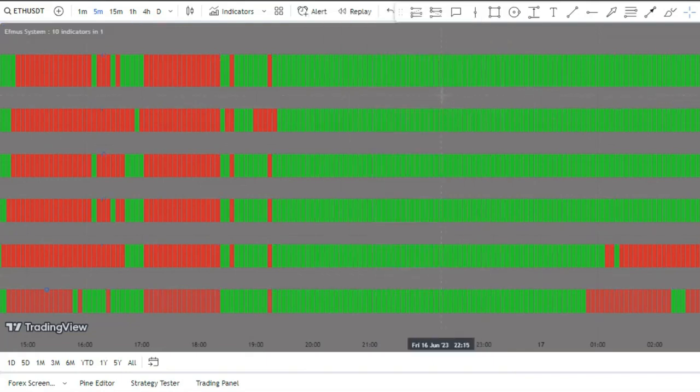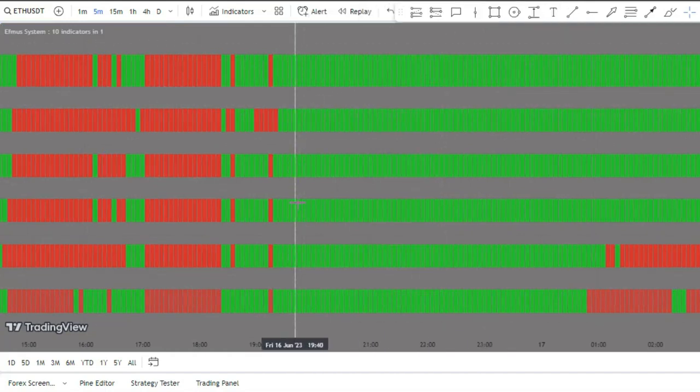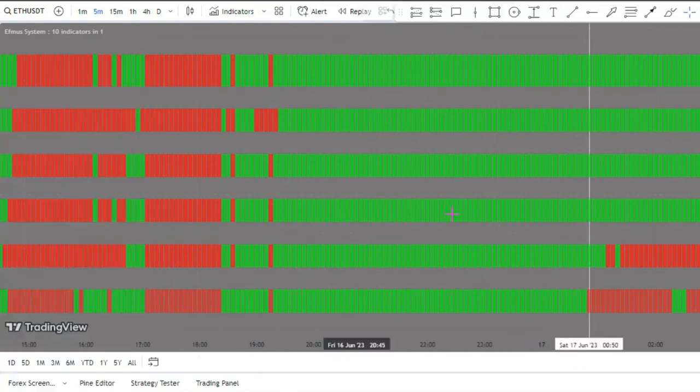So when using this indicator, when all the lines are green, the long-term market trend is bullish. And when all the lines are red, the long-term market trend is bearish. Note that to confirm signals, even if one line has a different color, the signal isn't confirmed.